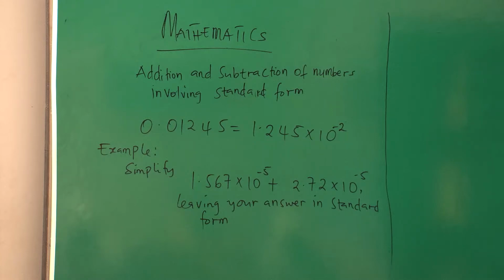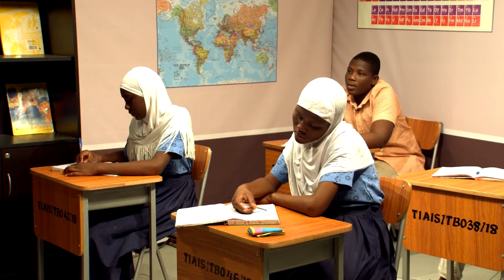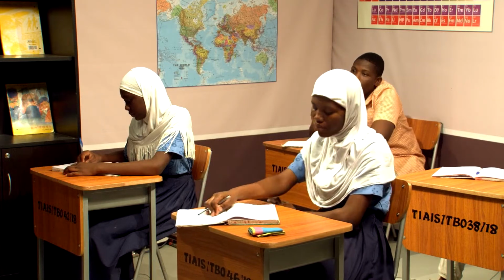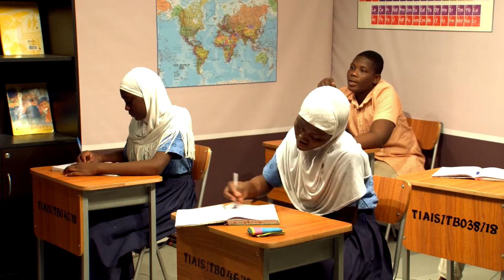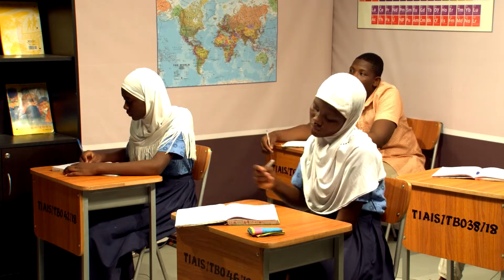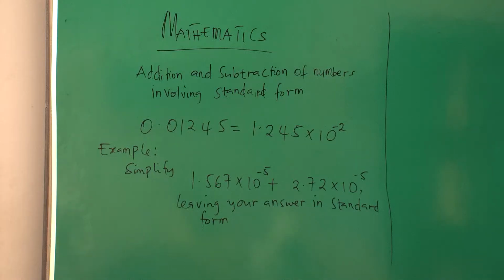So, Hikmah, what do we do if we want to simplify the expression on the board? So you factorize: 1.567 plus 2.72 in a bracket, then multiply it by 10 raised to the power negative 5. So that's good. You use the concept of factorization.